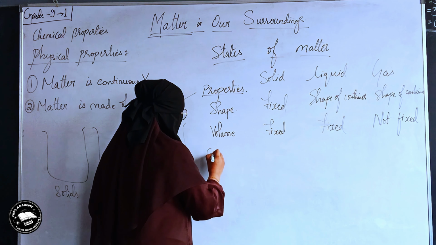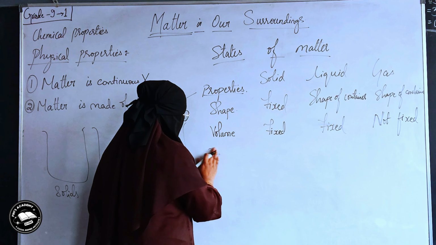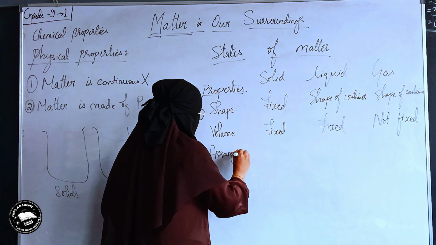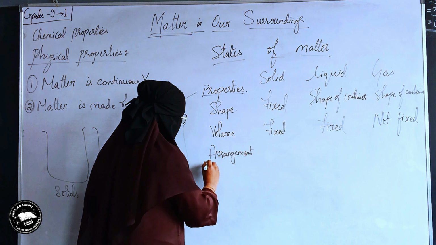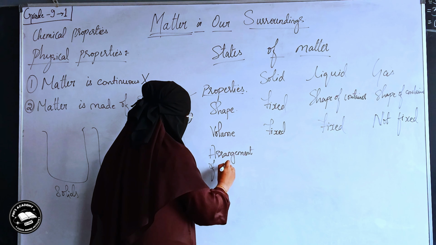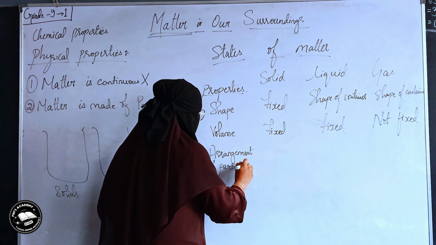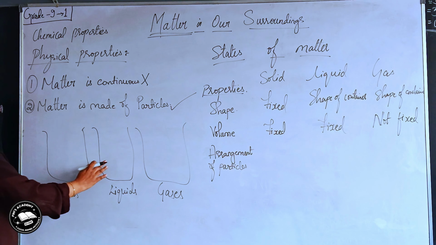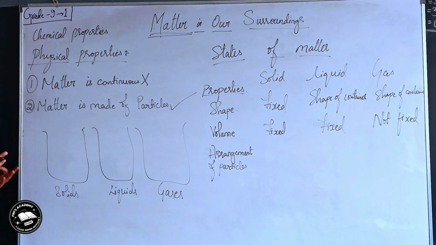Next one. How about the arrangement of the molecules, or the arrangement of particles? Now we know that matter is made up of particles. So how are these particles arranged? If I talk about solids, remember we had taken these containers to understand the properties of the different states of matter.